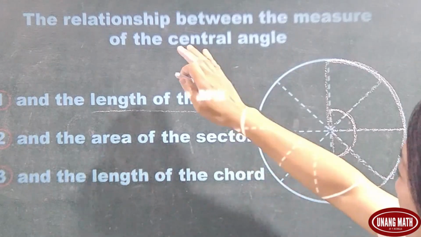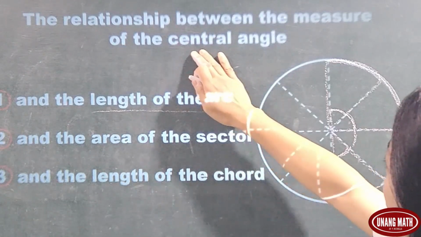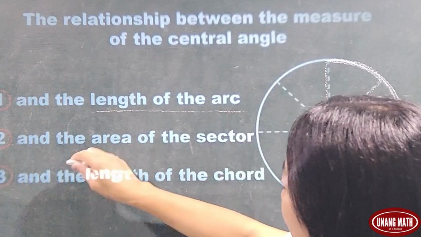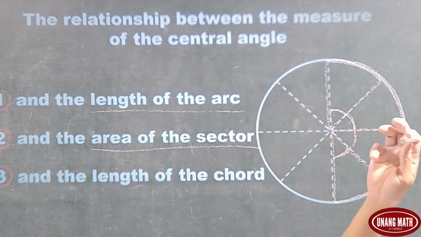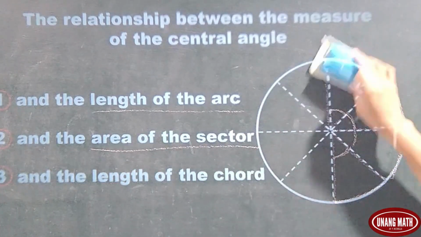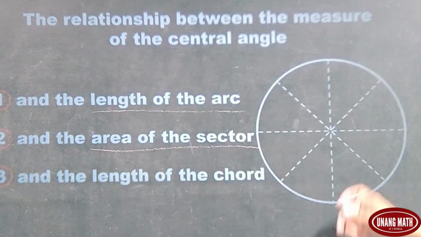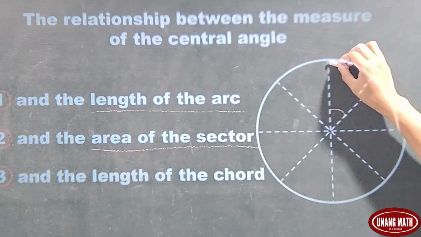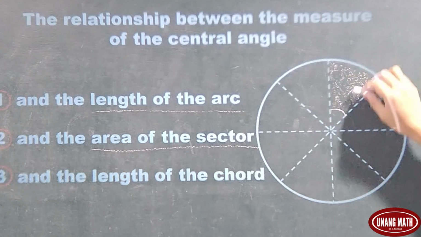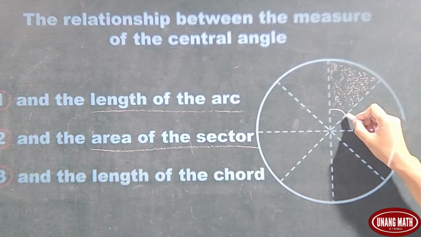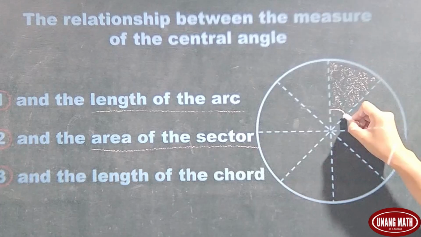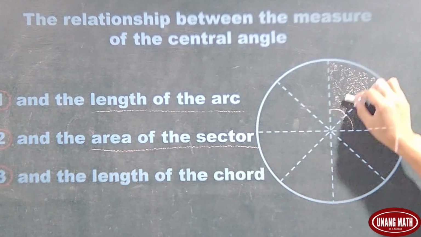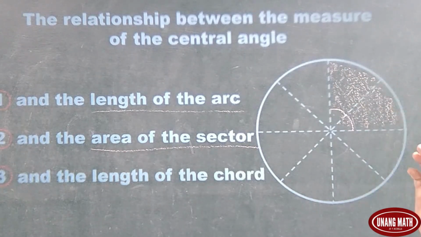What about the relationship between the measure of the central angle and the area of the sector? If this is my central angle, then this is the area of this sector. If I double my central angle, then the area also doubles.